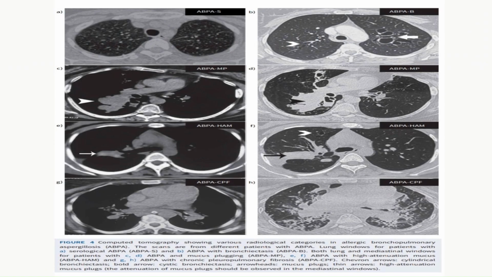These are the HRCT images showing the different radiological classifications of ABPA.